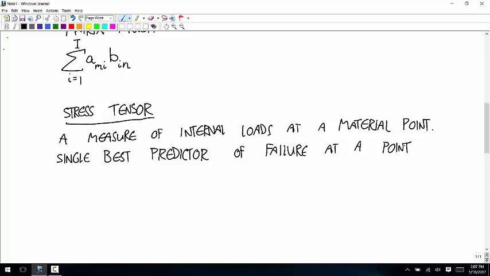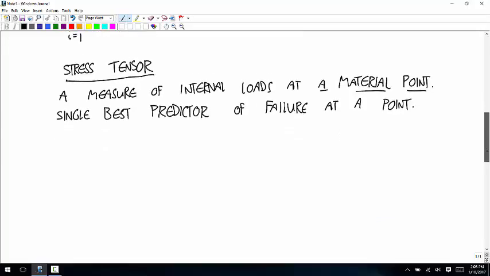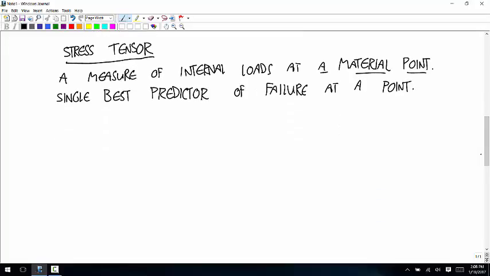You can come up with some balance by combining stress and strain in certain ways, but if you had to just come up with one physical quantity that you were going to use to predict whether something was going to break or not, this is the one you would use. And so here's the idea. This is at a single material point. I mentioned that last time.